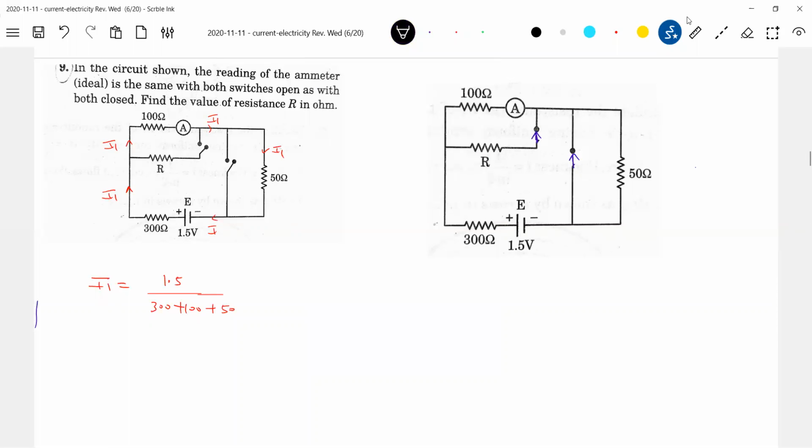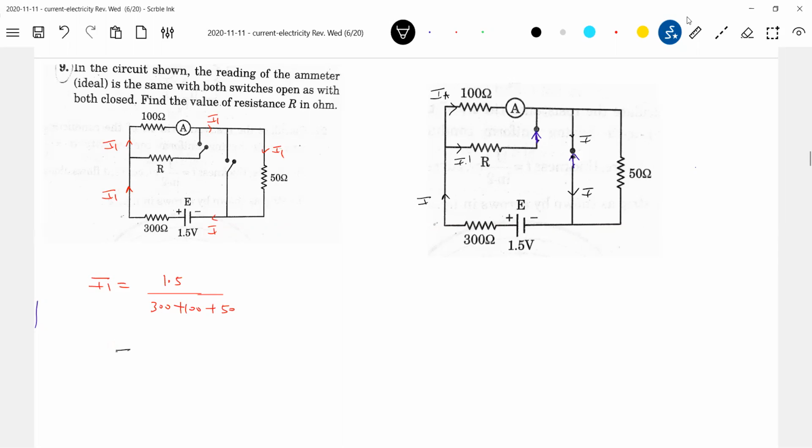Let me take the total current as I, and let me give IA as the symbol here, the current through this branch. So we know IA should be I1.